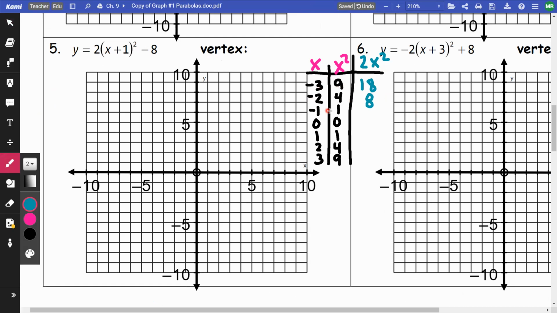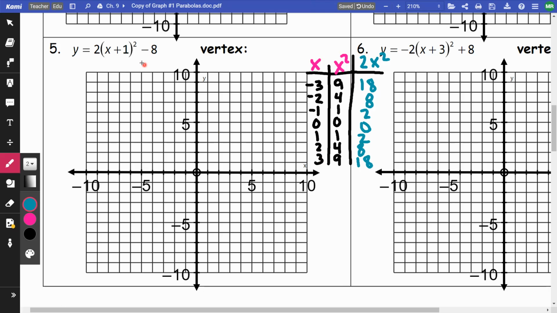I square -1, I get 1. I double it, I get 2. I square 0, I get 0. I double it, I get 0. I square 1, I get 1. I double it, I get 2. I square 2, I get 4. I double it, I get 8. And I square 3, I get 9. I double that, I get 18.